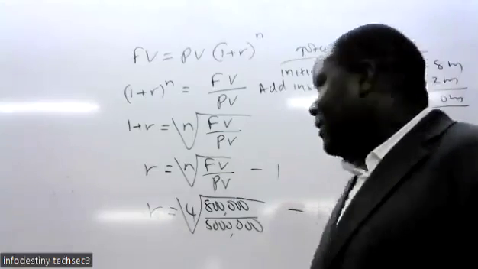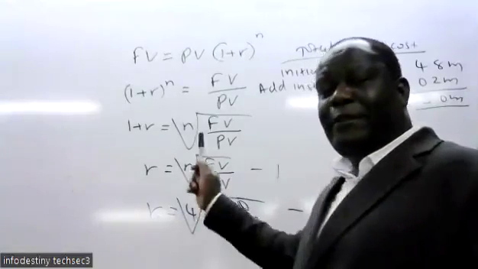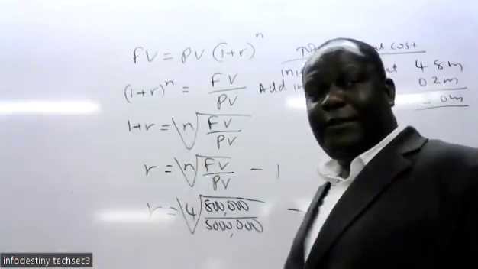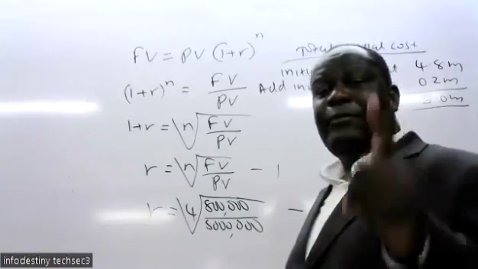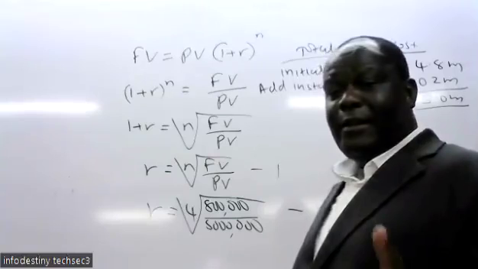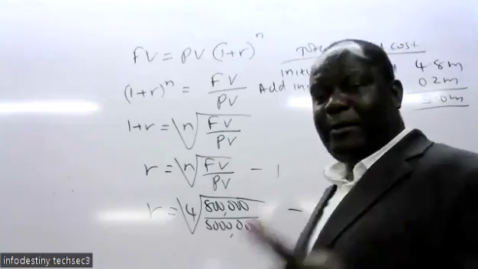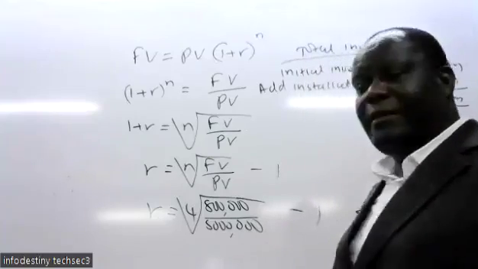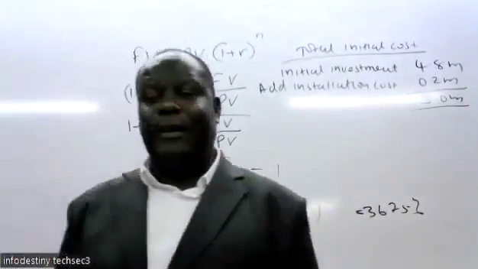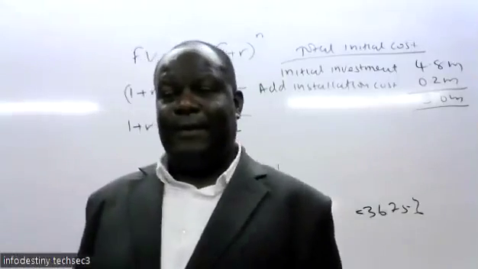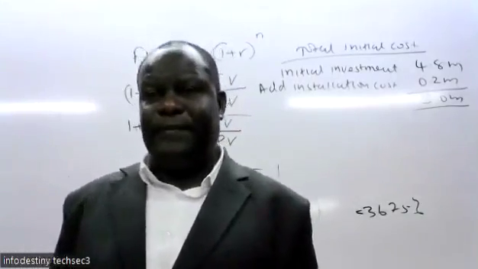Once you have taken this divided by that and you have gotten the answer, you press 4, then you press shift, then you get the answer. Once you get the answer, you subtract 1, then multiply by 100 and see whether you get 36.75. Is it okay up to that point? Someone who said, how do we get the figure? Have you gotten that value?